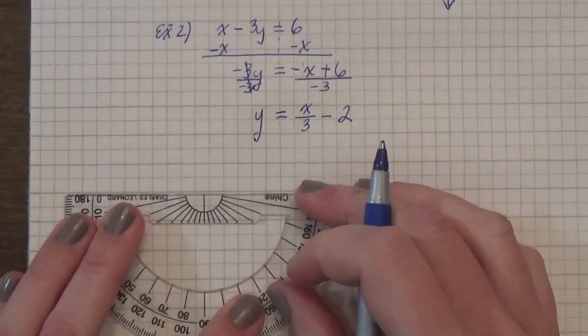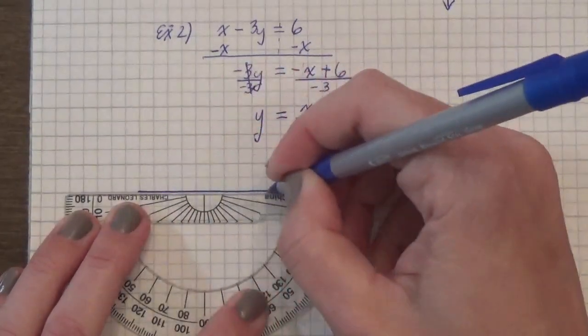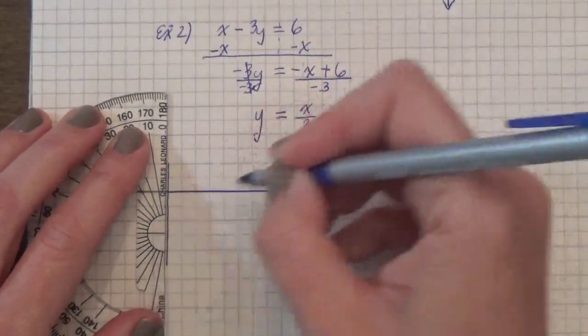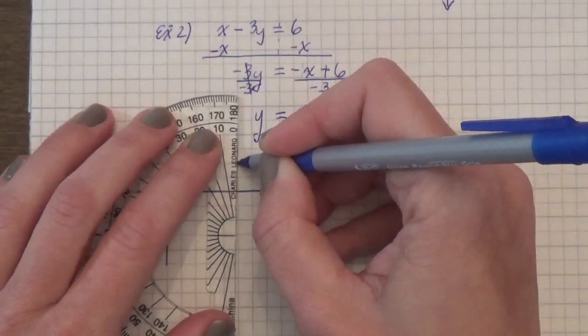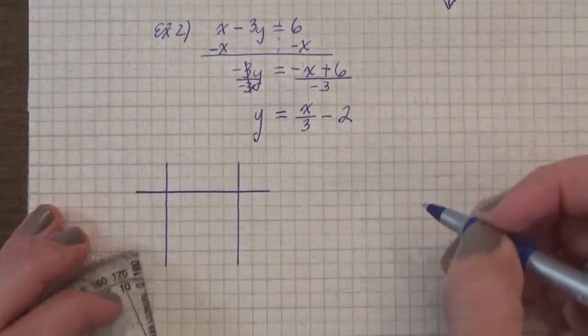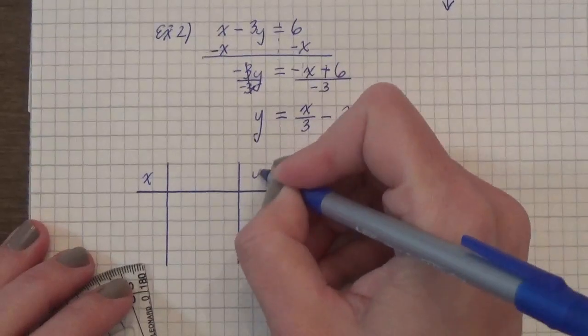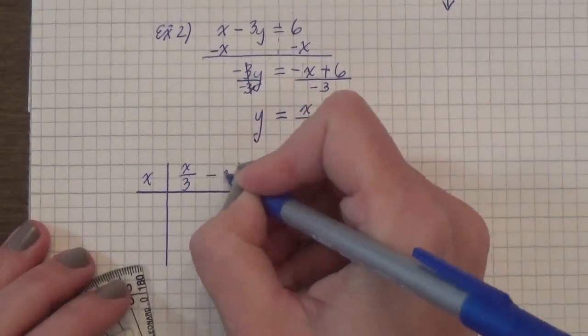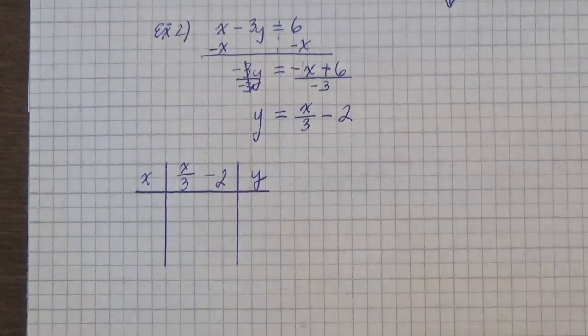I'm going to make my table here. And I want to graph this because, again, we're left with kind of a difficult equation. So I've got my x, I've got my y, I've got x over 3 minus 2 in the middle.